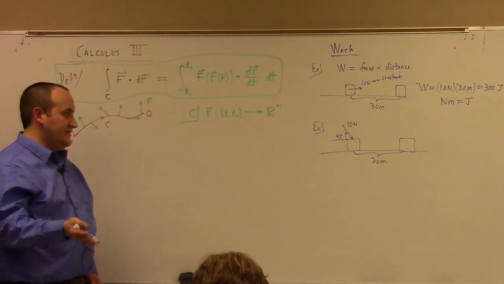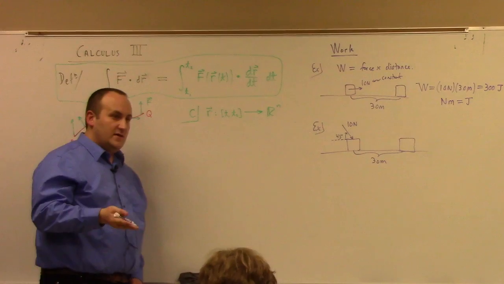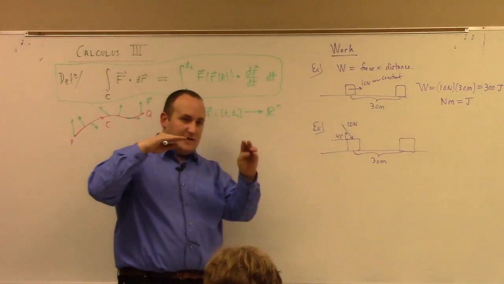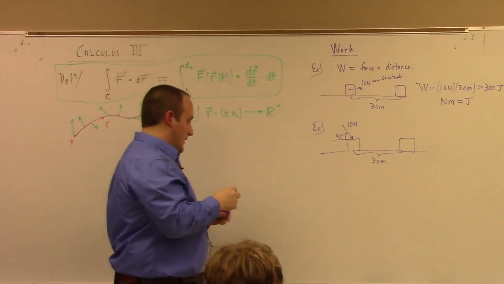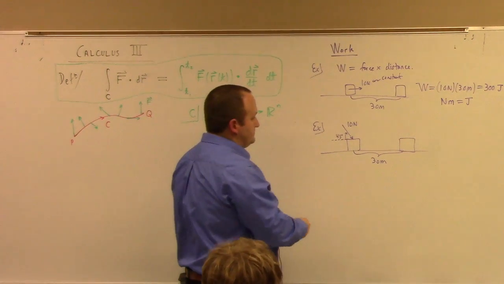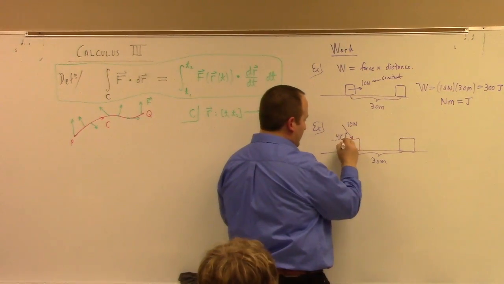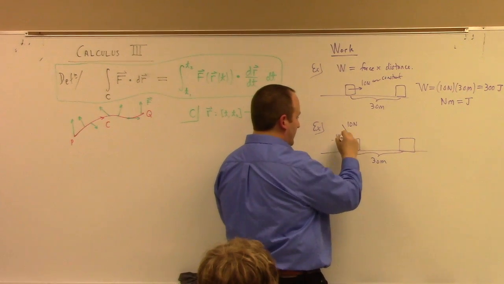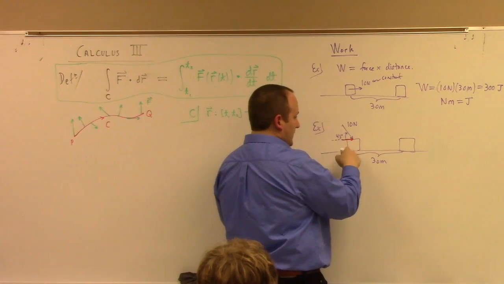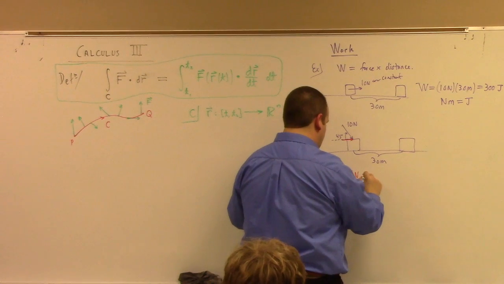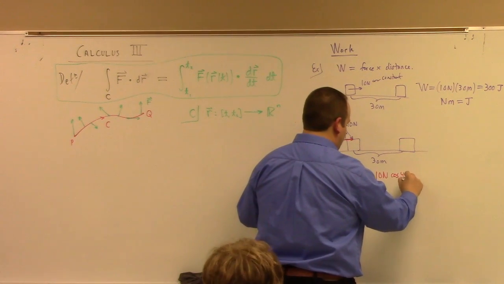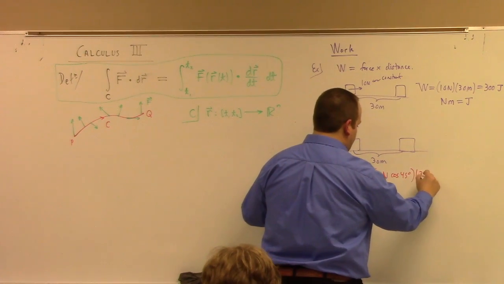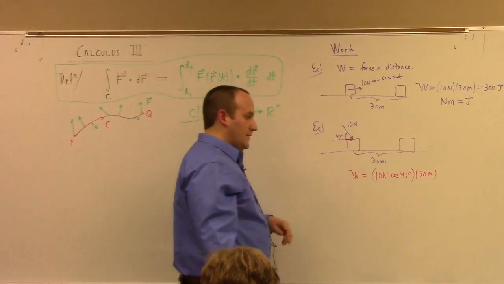It's no longer just 10 newtons times 30 meters. Only the part of the force which is applied in the direction of the motion gives you work. Only this piece is actually doing work, right? So the work done is 10 newtons times cosine of 45 degrees times 30 meters.